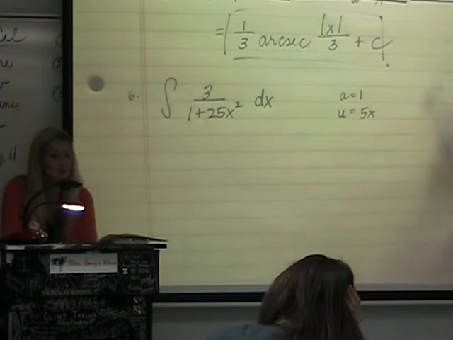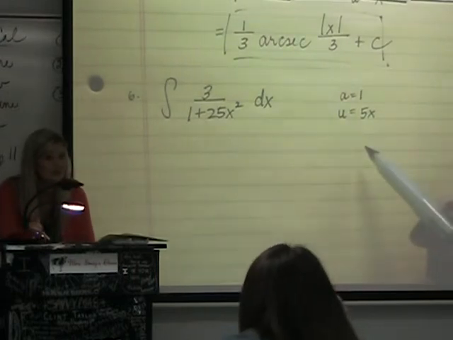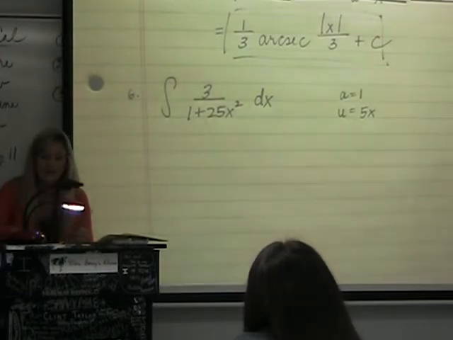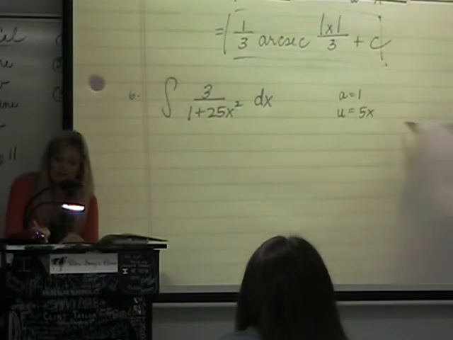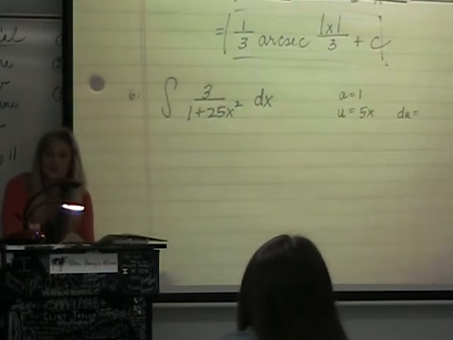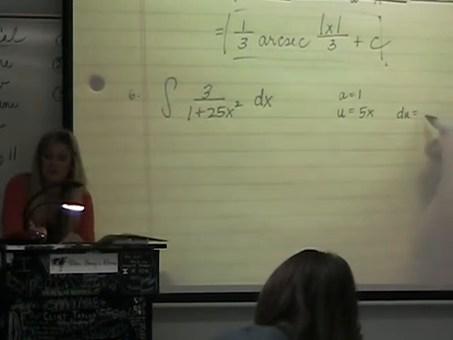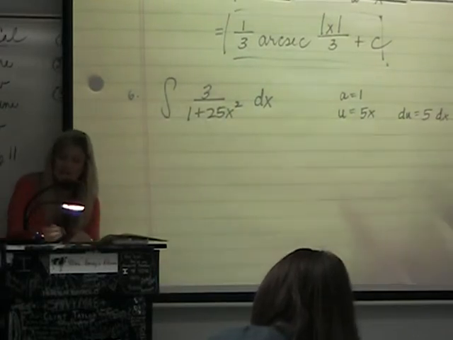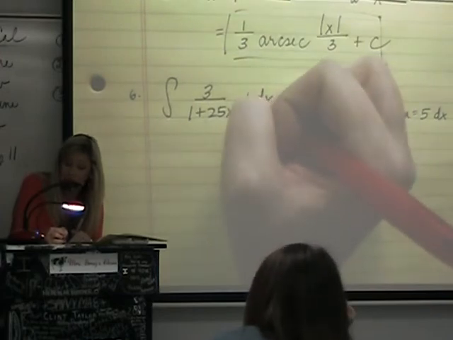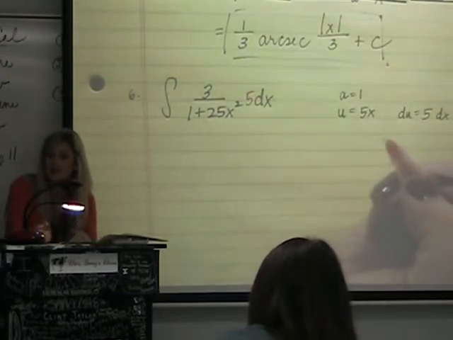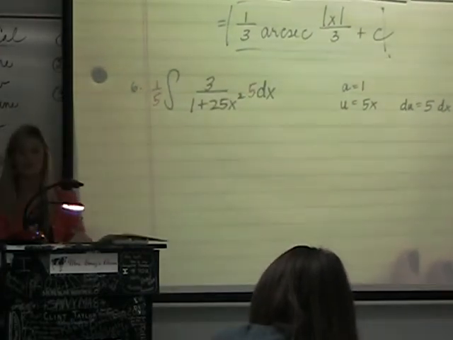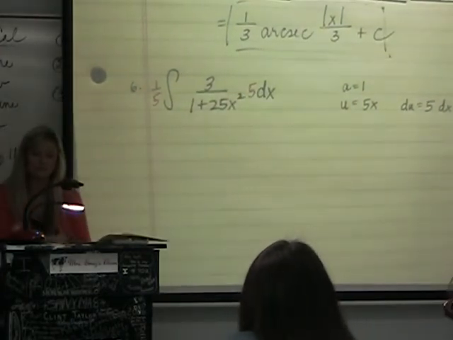And what did I tell you if u is anything other than plain old x? You have to do u substitution. That's right. So we need to add in, what would my du be? 5 dx, right? So I need to add in a 5 and balance it out with a 1/5 to change it to du.